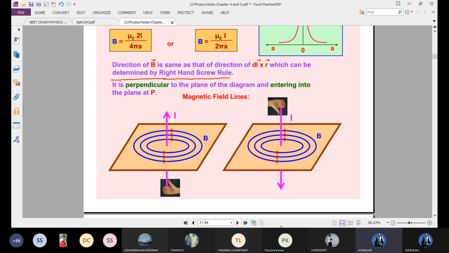Now the magnetic field direction is clockwise. Anti-clockwise means thumb up; thumb down means clockwise direction.